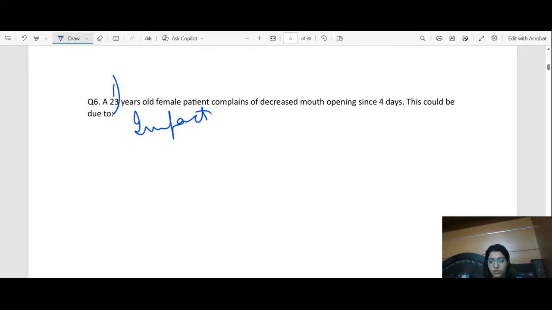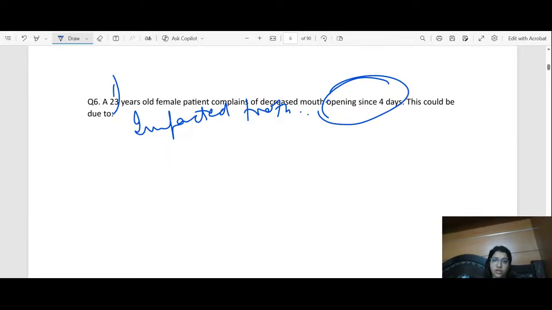impacted tooth. Why not other options? Because if it were OSMF or bone ankylosis, it would not have been since just 4 days. These 4 days are an indicator for the answer.